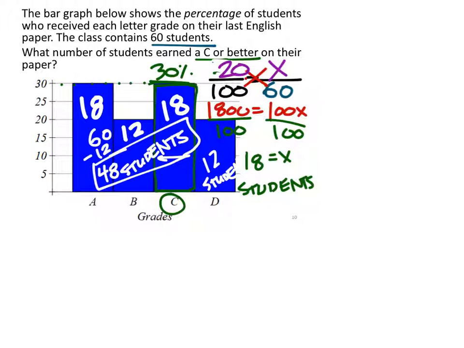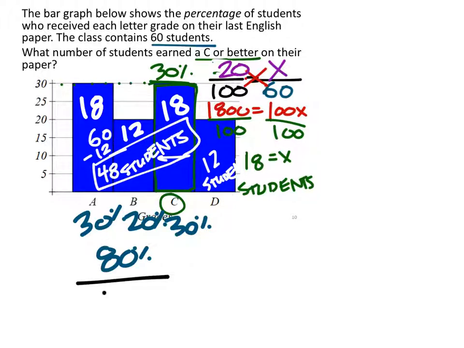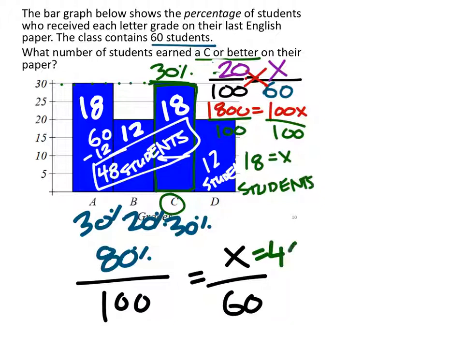Or you can just say, well, in percentages, A was at 30%, B is at 20%, and C is also at 30%. So we could have just added those percentages together and gotten 80% of the students, and then used that in the percent proportion. So 80 over 100 equals x over 60, and this would also have given you the answer at 48 students. Now again, that's just a matter of preference.